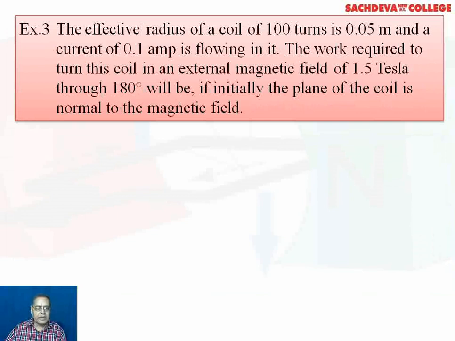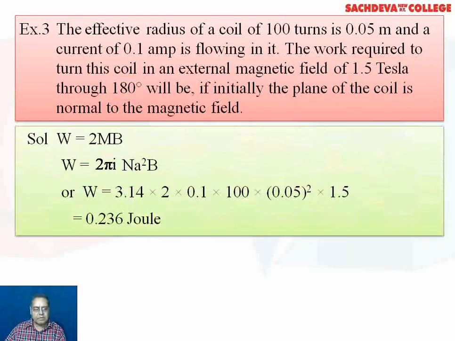The third example is the effective radius of the coil of 100 turns is 0.05 meter and the current of 0.1 ampere is flowing in it. The work required to turn this coil in an external magnetic field of 1.5 Tesla through 180 degrees will be, if initially the plane of the coil is normal to magnetic field.